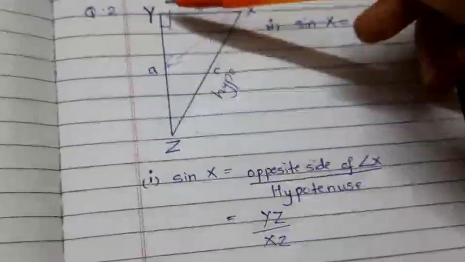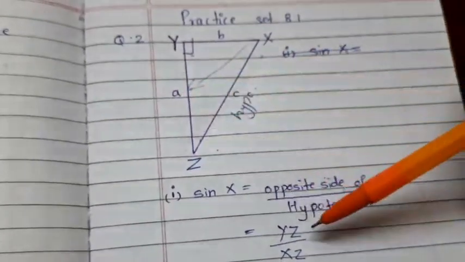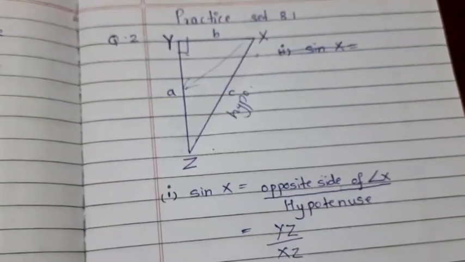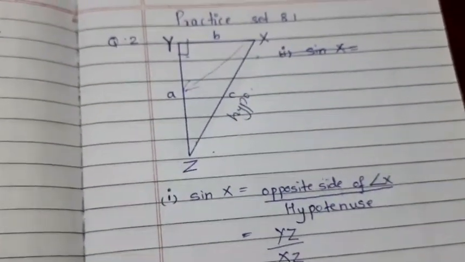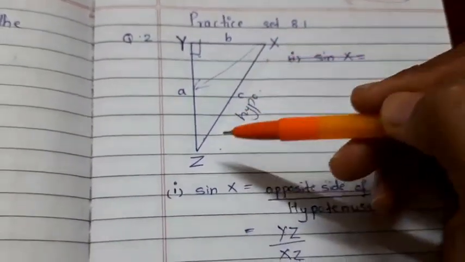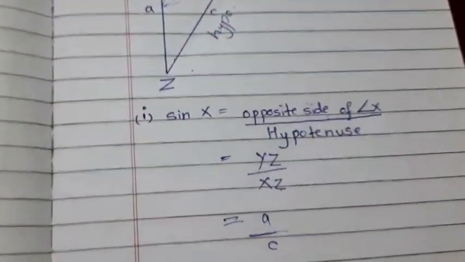We know YZ is A. Therefore instead of YZ we will write A upon XZ. XZ is C, they have given here. Therefore instead of XZ we will write C. So the answer is A upon C.